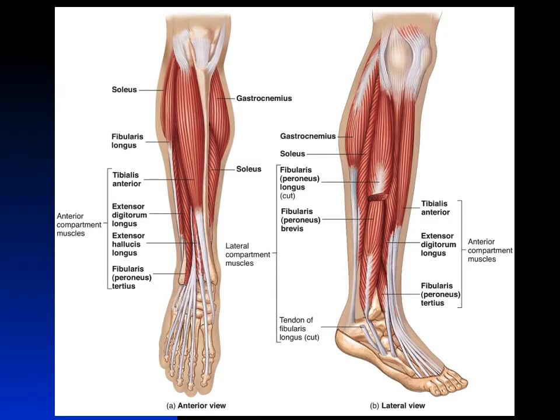Okay, and then the lower part of the leg, you're going to have to know a couple muscles here. A couple of these are going to cause you to stand on your toes, the gastrocnemius and the soleus. These muscles help you extend the foot and so stand on your tiptoes.